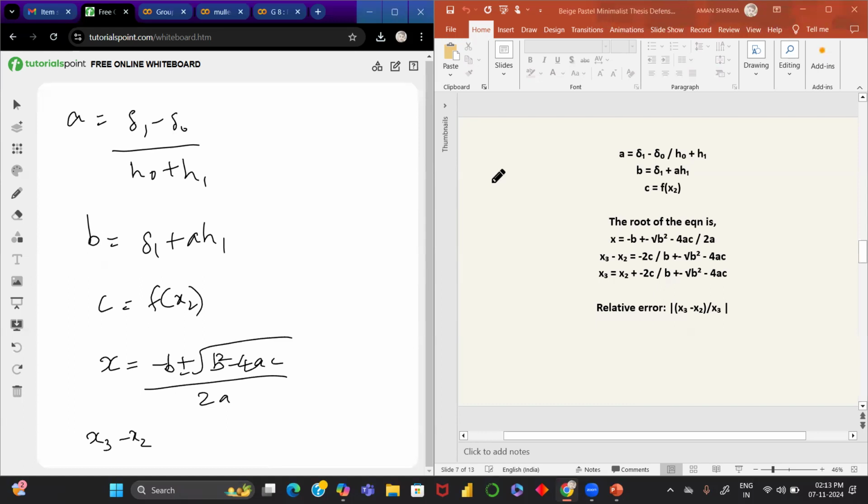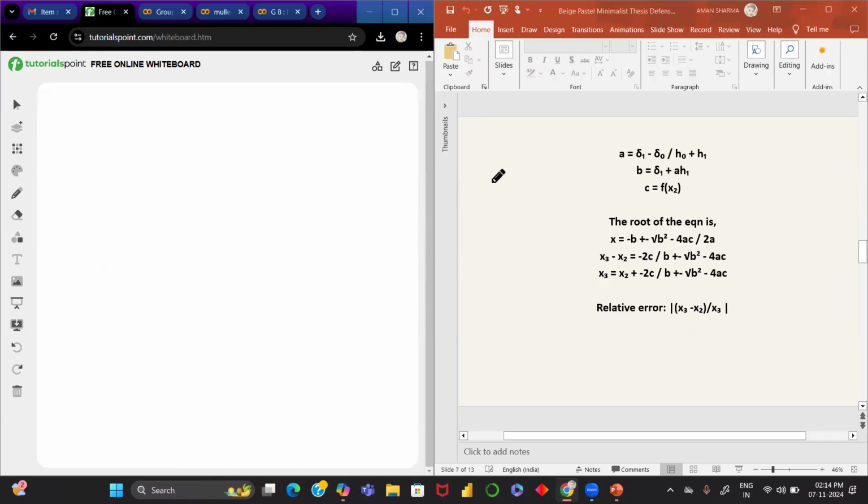Because of the round off error, rather than using the conventional form, we use the alternative equation, that is x3 minus x2 is equal to minus 2c by b plus or minus root of b square minus 4ac, and from this we get the next value to be x3 is equal to x2 plus minus 2c by minus b plus or minus root of b square minus 4ac.